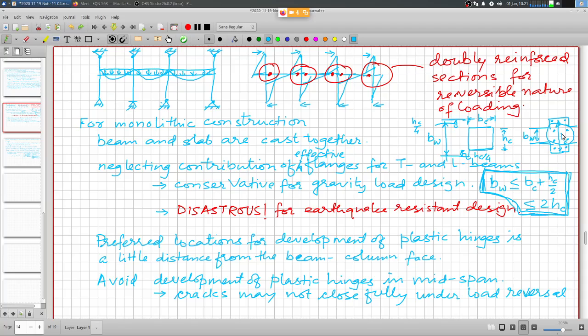So this has to be looked at, and as far as possible, beam width should be the same as the column depth, so that the joints happen seamlessly, and if required, column depths can exceed the beam width, but the reinforcement away from the beam width will not be as effective in generating the moment resistance in the columns as the reinforcement within the width of the beam.